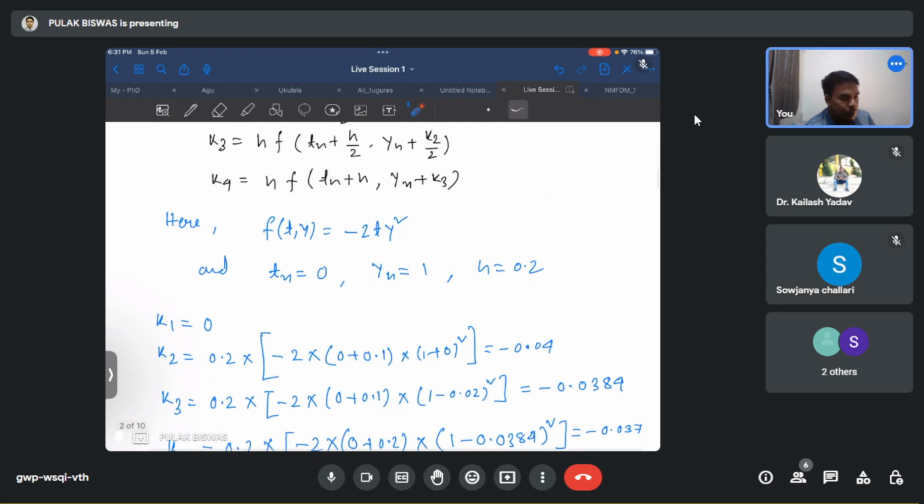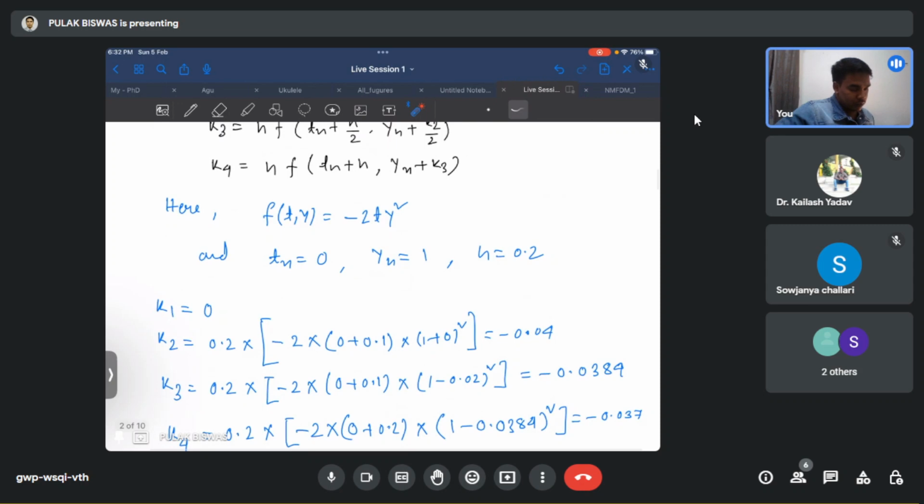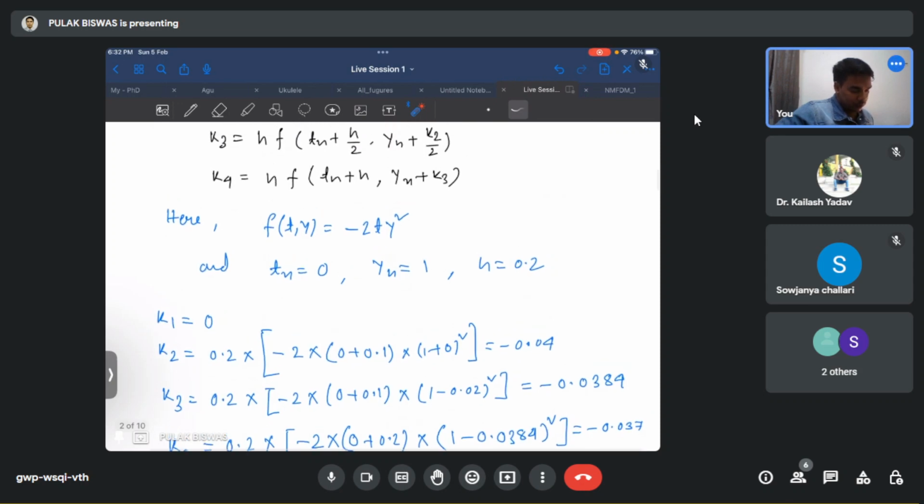Again for k3, you have h times this function, but this time it is modified like this. Instead of t, it will be t plus h by 2, and instead of y, it will be yn plus k2 by 2. So k3 is like this: again minus 2, in place of t it is t plus h by 2, times y, yn plus k2 by 2.